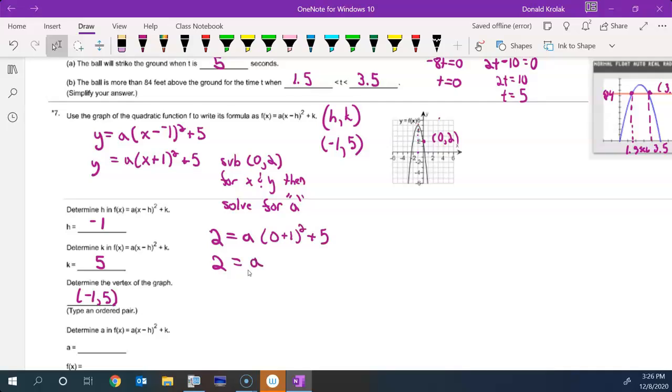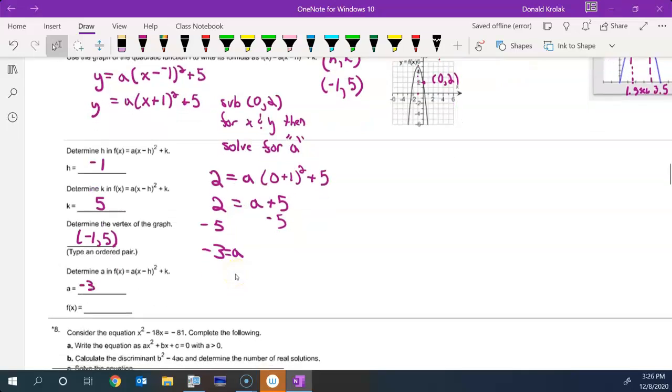Okay, that's just 1 squared, so that's just a. Take away 5, and I get a is -3. So now our equation is y equals -3 times (x minus -1), which is going to make it (x plus 1), squared plus 5.